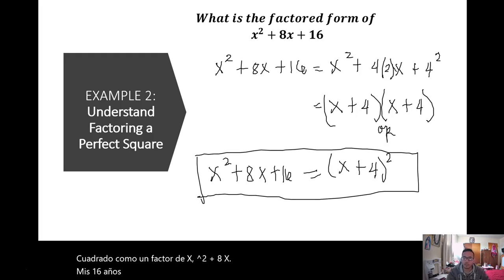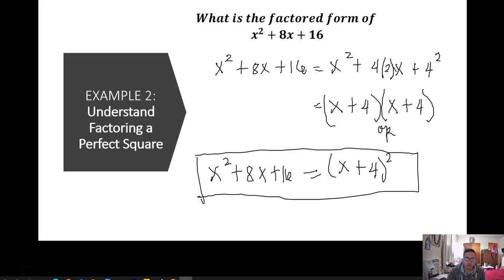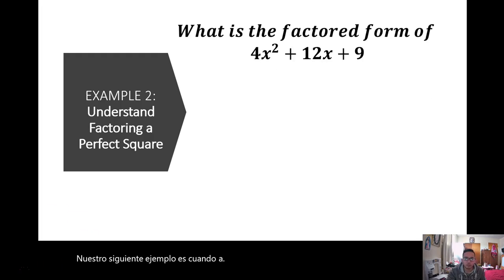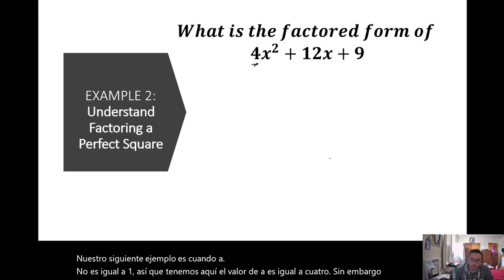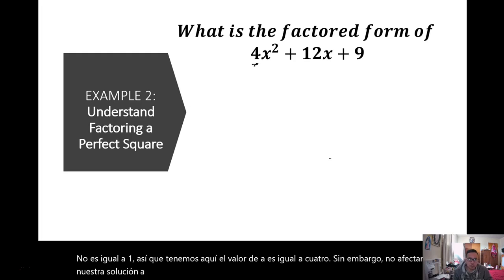Okay, our next example is when a is not equal to 1. So we have here the value of a equal to 4. However, it will not affect our solution because this one is a perfect square.